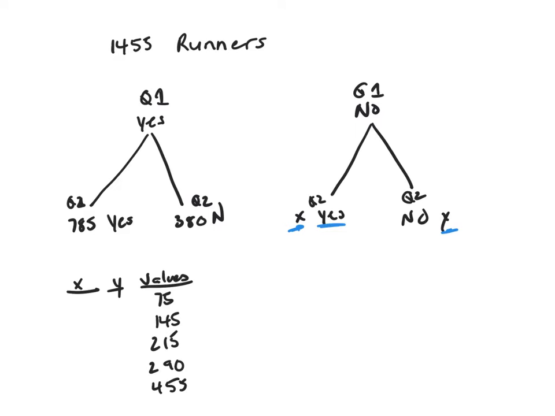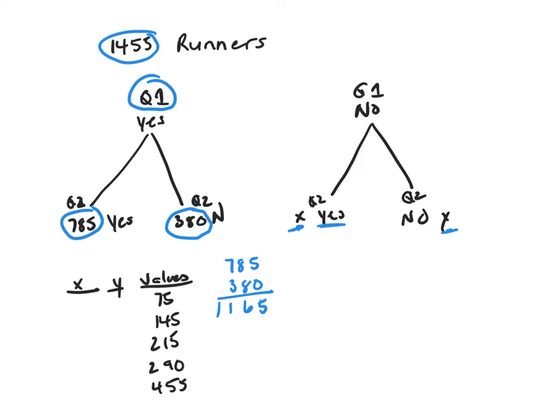All right, so for question 1, the ones that answered yes, 785 answered yes to question 2, and 380 answered no. So if I add those together, I get 785 plus 380, and that's 1165, okay?